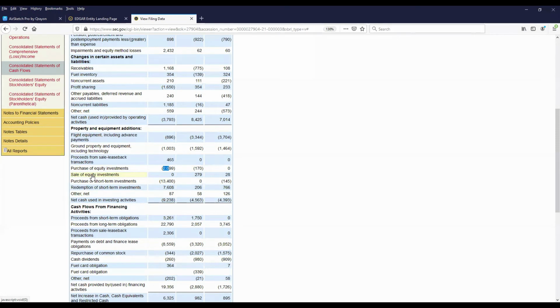Likewise, you can sell the equity investments. Purchase of short-term investment. Likewise, other companies' bonds. You can buy and sell. Okay. And then you can see that Delta has invested $9 billion, right? Again, one of the components of it is like $2 billion for flight equipment and ground properties.